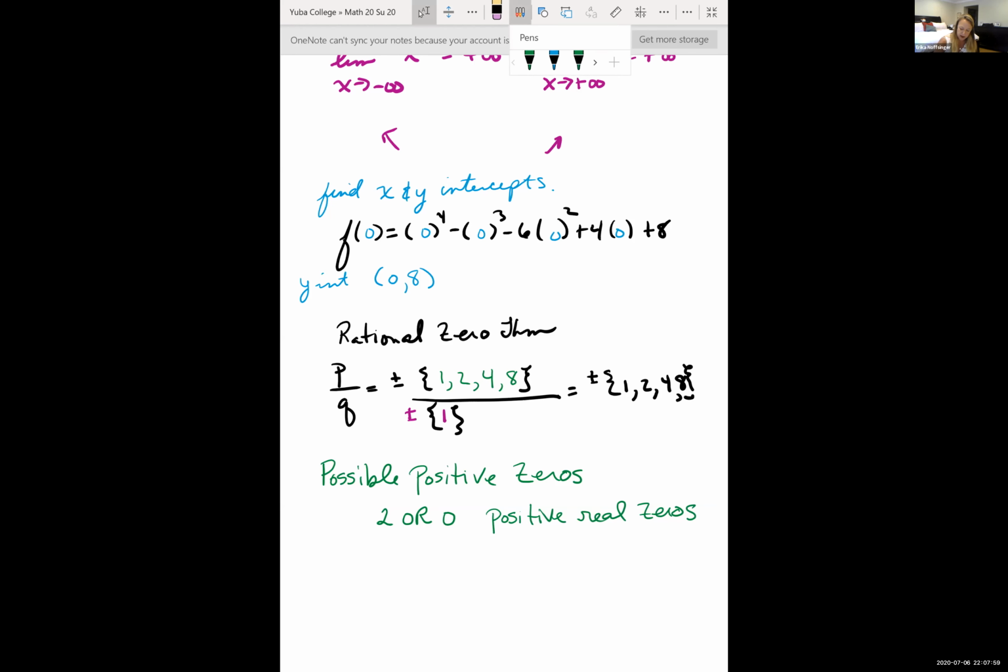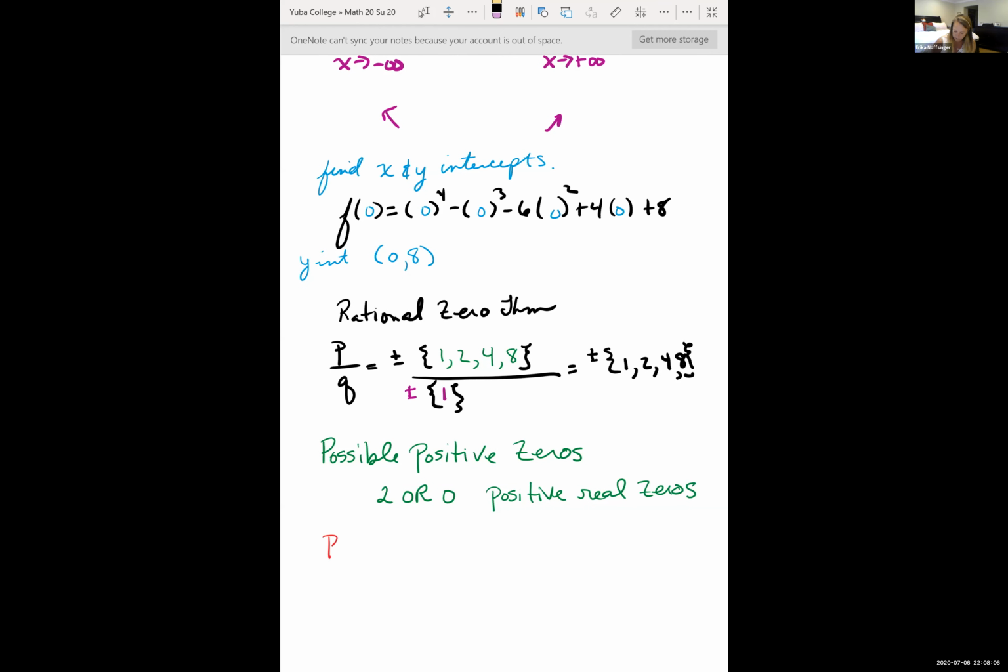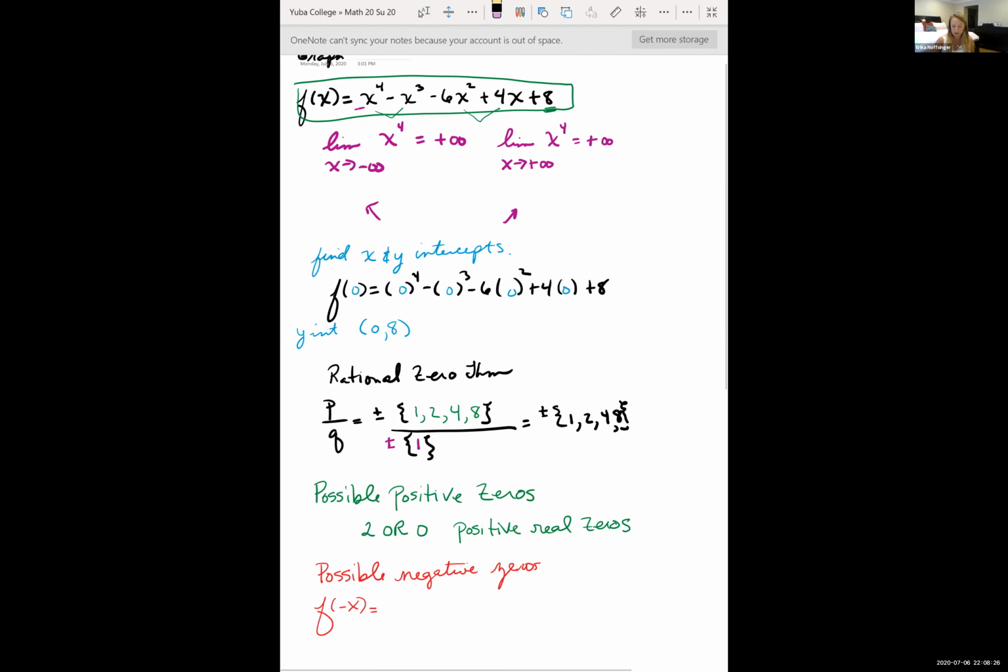So let's look at the possible negative real zeros. I have to look at f of negative x. If I plug in negative x wherever we see an x in the original function, so negative x all raised to the fourth power, if I simplify that, that's the same thing as x to the fourth.